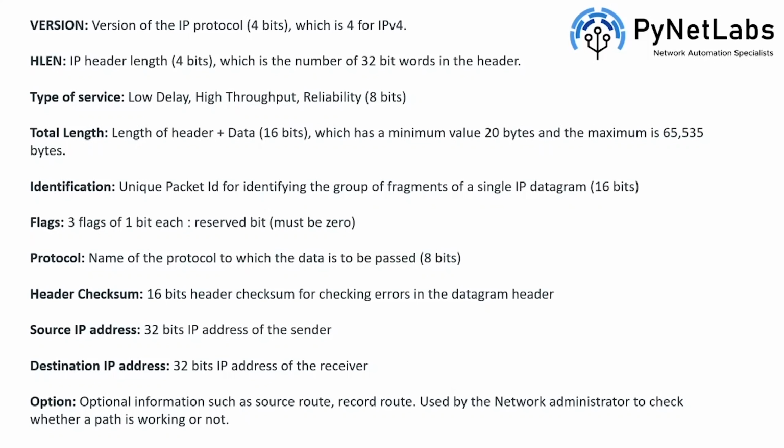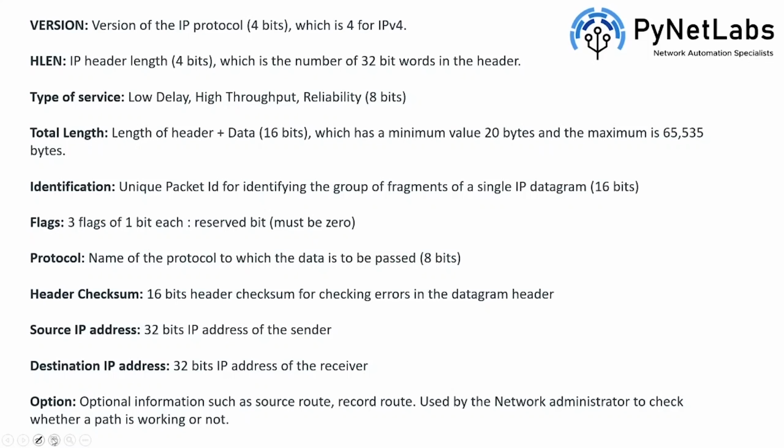Then you have the options field, which is not used often, and its length is also not defined, as it can vary depending on the options you are using inside it. Information such as source route or record route is used here, and network administrators sometimes use this option to check whether a path is working or not. So this is how your IP header works together with these fields to make data transmission possible.